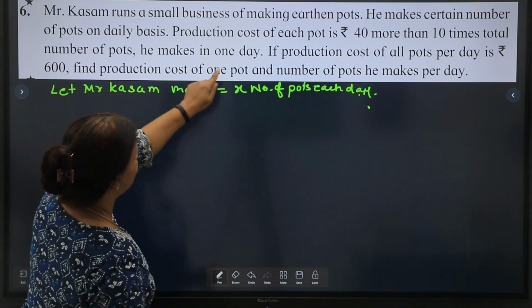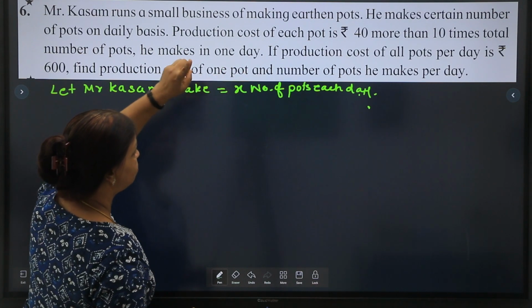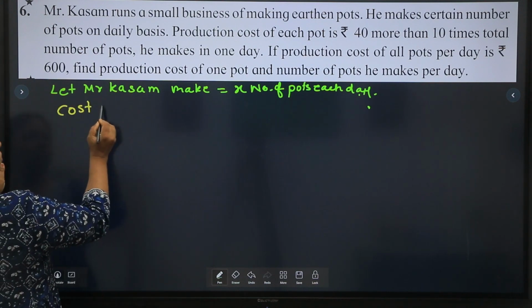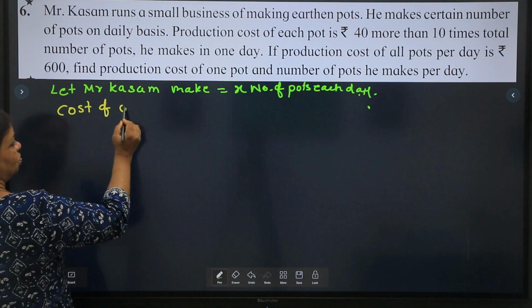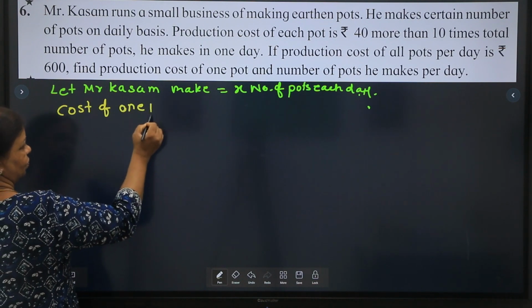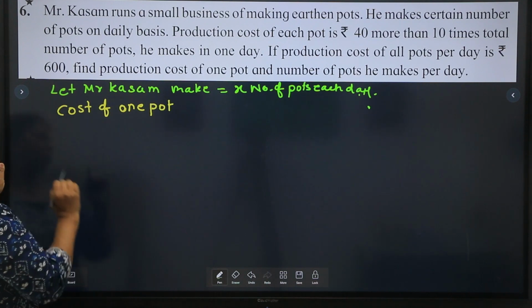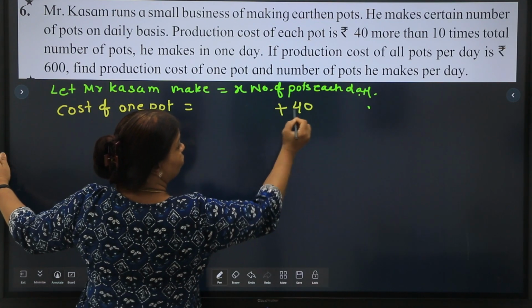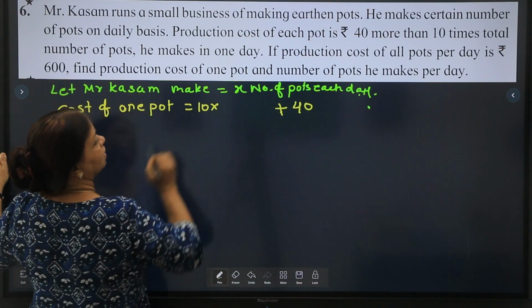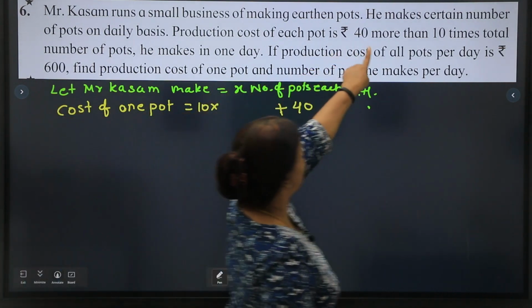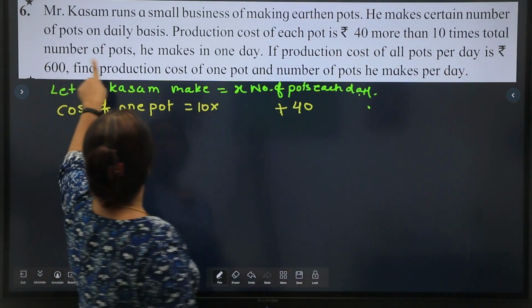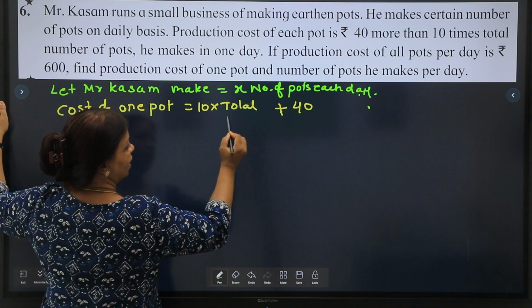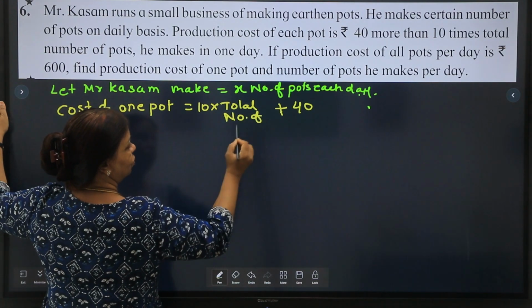Now, production cost of each pot is rupees 40 more than 10 times the total number of pots.